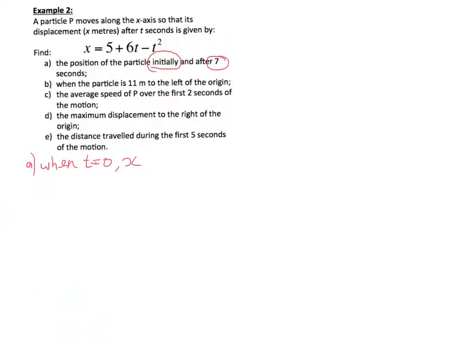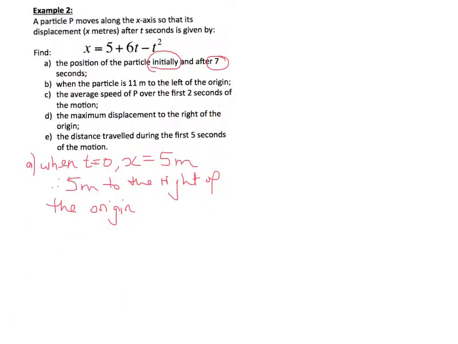And you can see clearly up here, when t equals 0, you've got that equals 0 and that equals 0, so x equals 5. So the particle is 5 meters to the right of the origin.